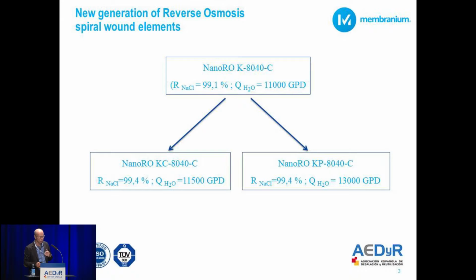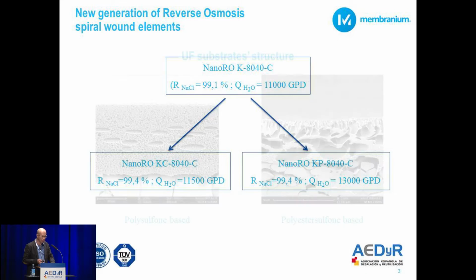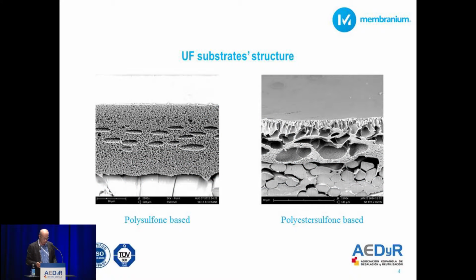But we are not producing only reverse osmosis elements, but also nanofiltration. And during the development of nanofiltration membrane and spiral wound elements on its basis, we initially tried to apply for the production of this membrane a common ultrafiltration support on the base of polysulfone. And you can see the structure of this ultrafiltration support on the left side, a sponge structure.